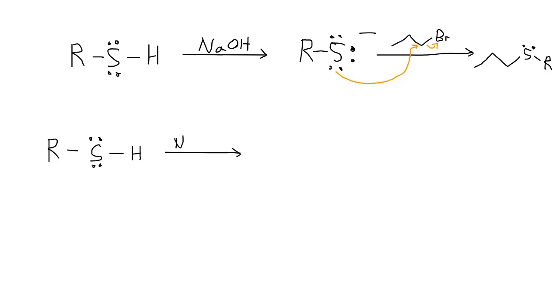So it's NaOH and bromine. And so what ends up happening is, first you get the deprotonation of the RSH, because the RSH is pretty acidic.